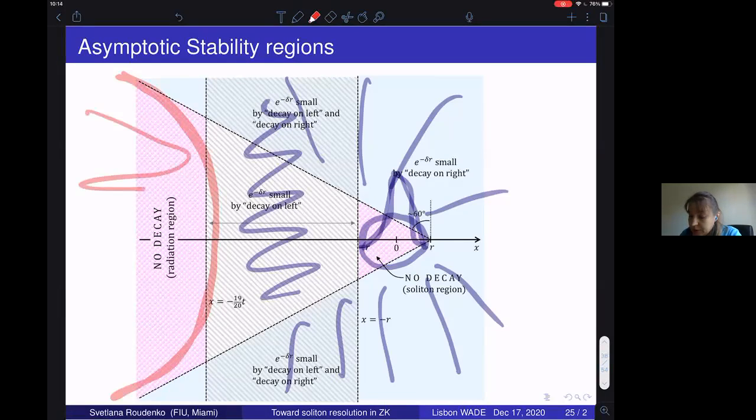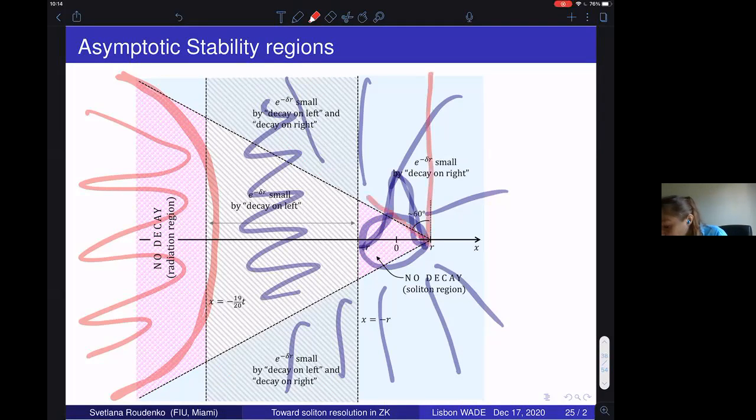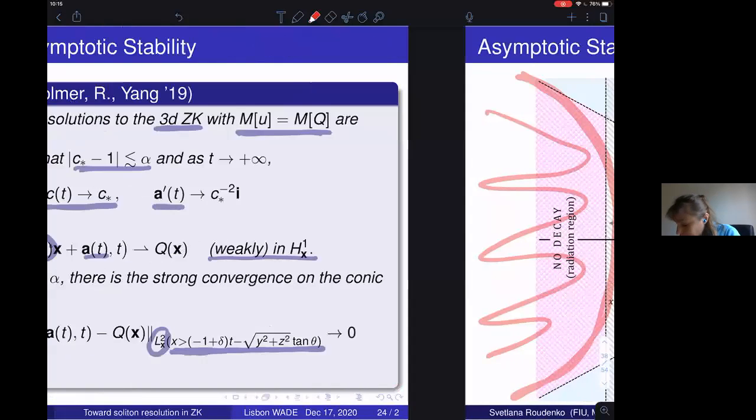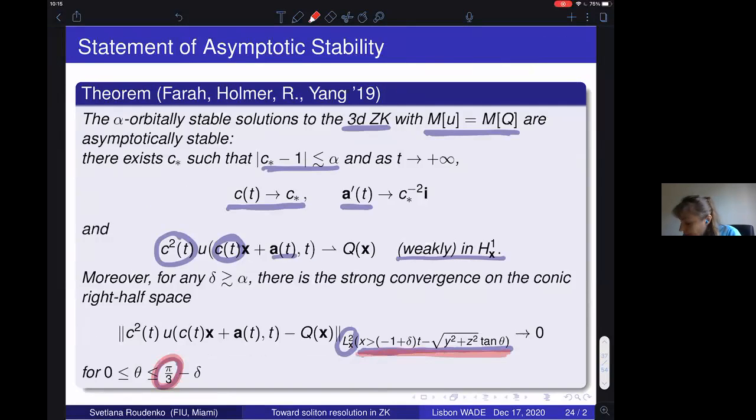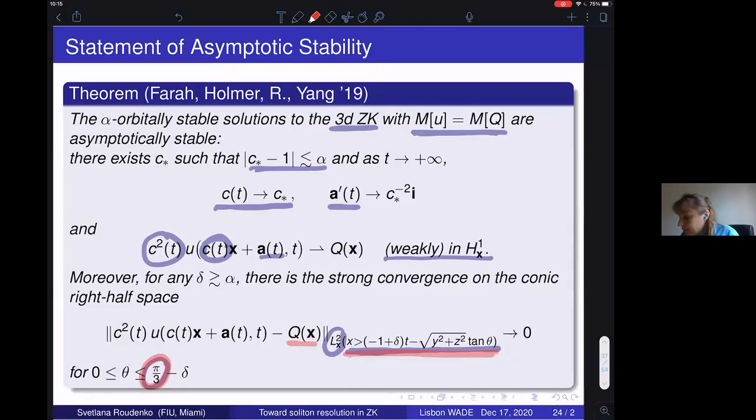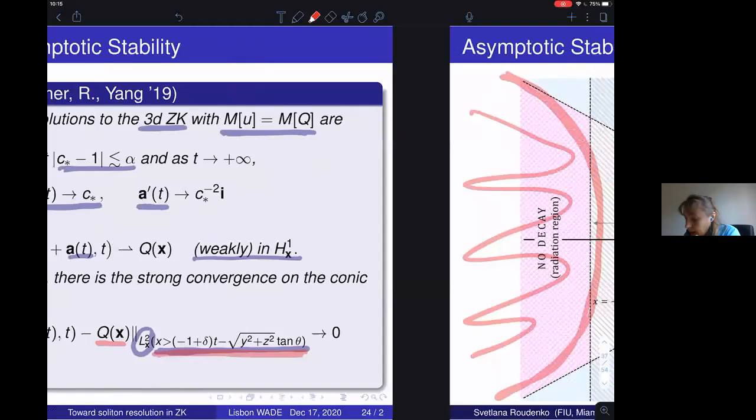This is exactly where the radiation happens. And that angle is, here's the angle, 60 degrees. So over here, you can see that that would be 30 and 30. And that's exactly what the theorem says is the angle that we see. That's that cone. We can also rescale when the soliton is moving, but the cone will have the same size and the angle.